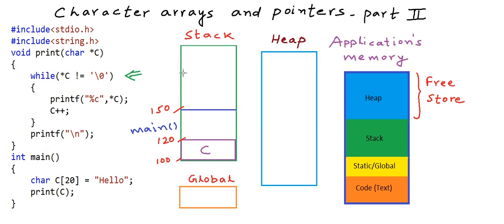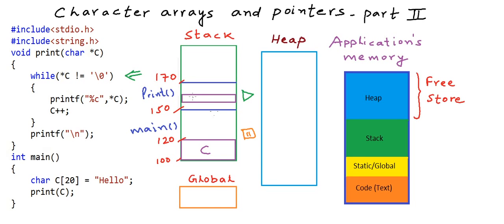The called function is allocated a stack frame on top of the calling function, so print will be allocated a stack frame on top of the main function. Whatever function is at the top of the stack is executing, and main will wait for this function to finish. Let's say this particular stack frame is from 150 to 170. Main is paused and print is executing right now.